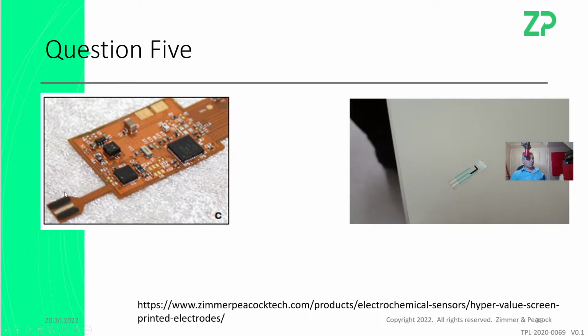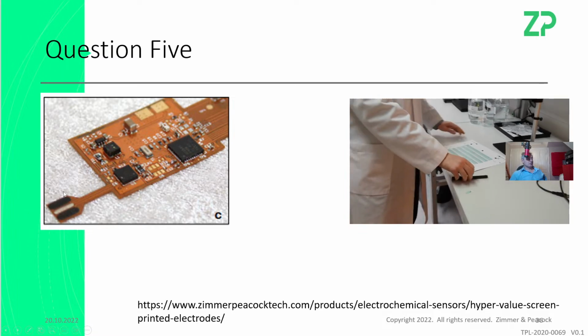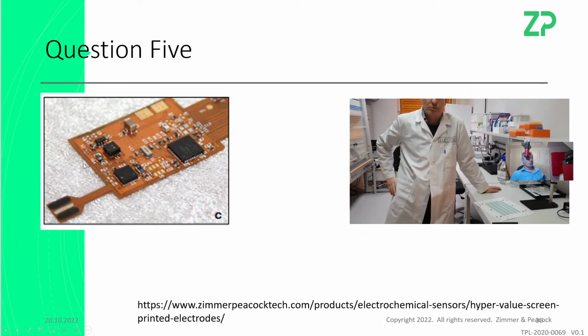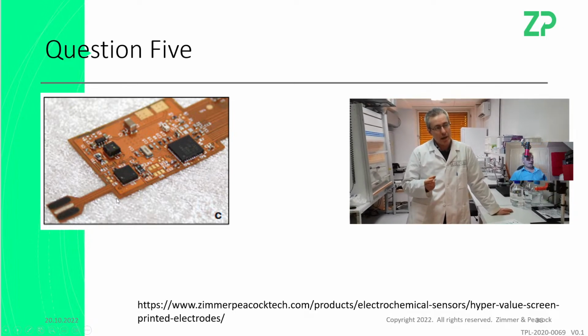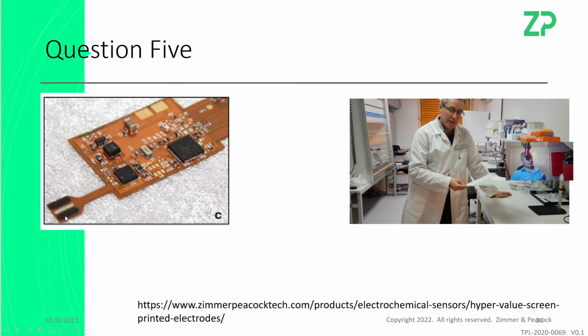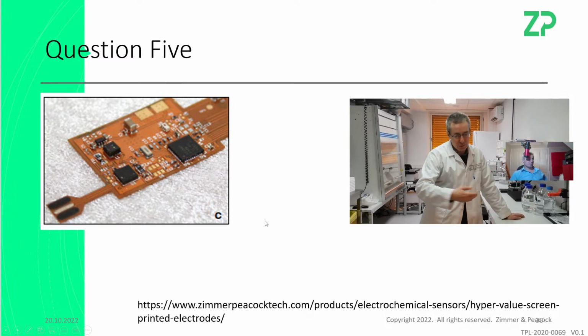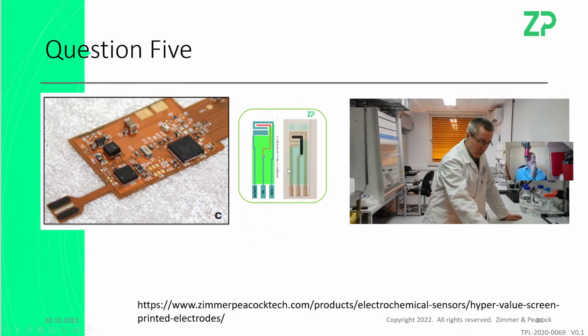This is also one of our products. We have been gently phasing this one out. It's quite old with us actually, around for about 5 years. But it's also a flexible substrate, a flexible PCB. And again, we've got a couple of carbon electrodes on there and a silver chloride. So there's no issue in printing on flexible materials.